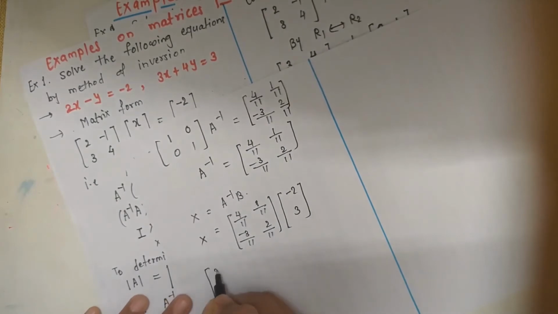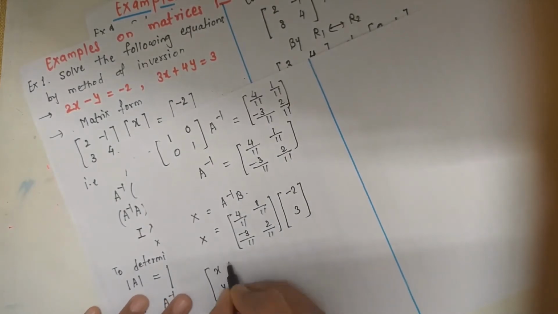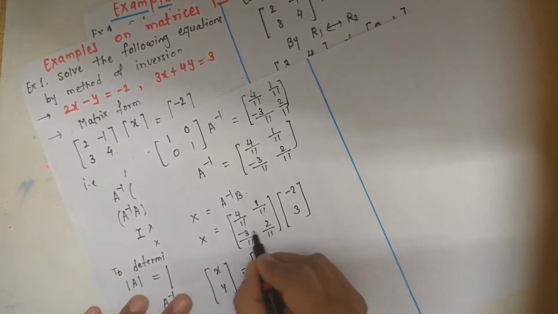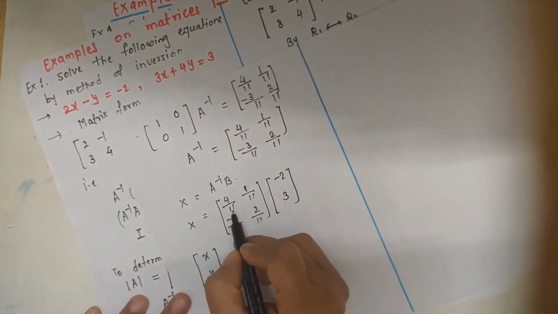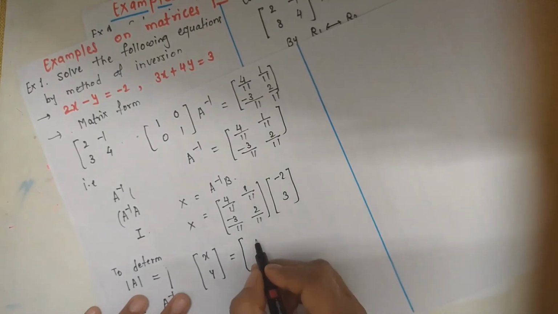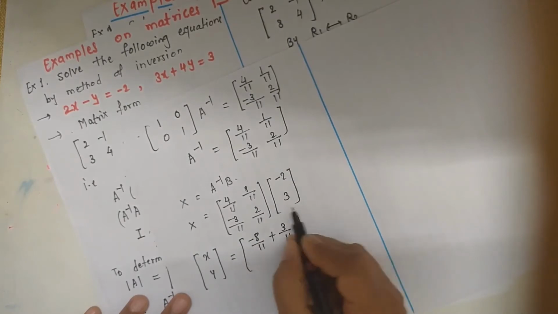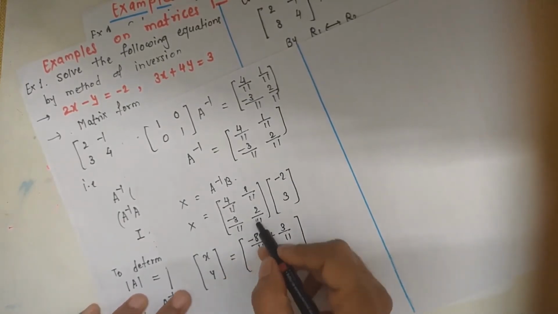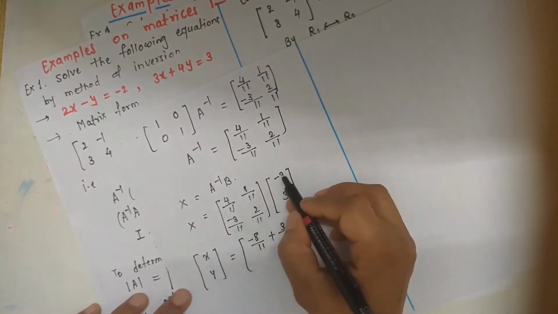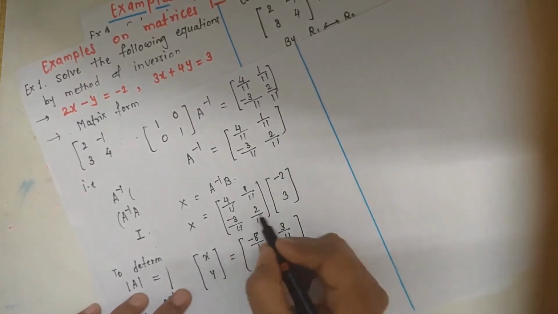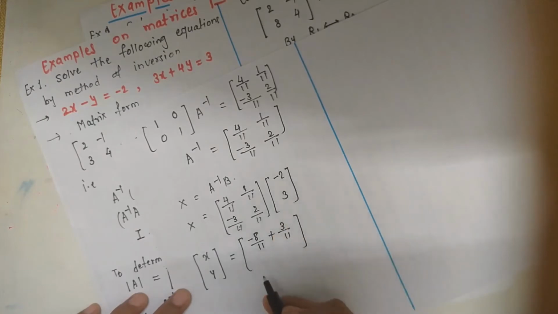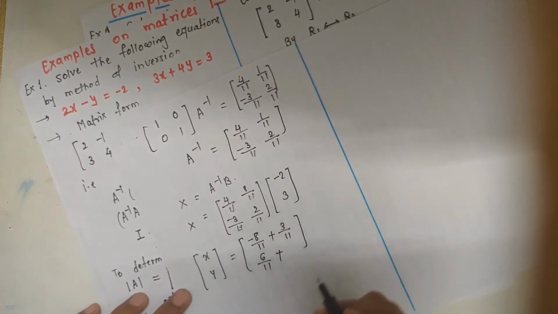X, the variable matrix of variables x and y, is equal to the product of these two matrices. 4 by 11 into minus 2, so minus 8 by 11, plus 3 into 1 by 11, 3 by 11. The second element is obtained by adding the product of these two elements: minus 3 by 11 into minus 2, 6 by 11, plus 3 into 2, 6 by 11.